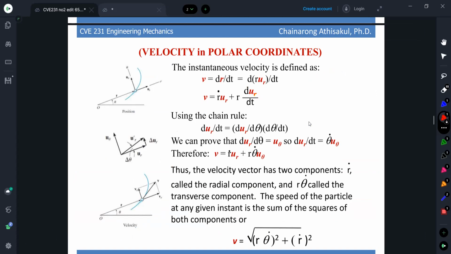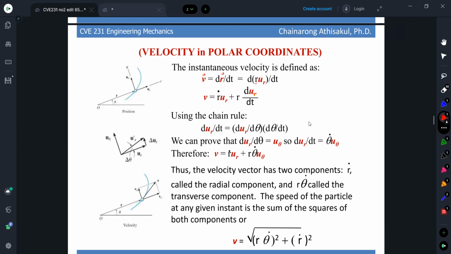For this case, the instantaneous velocity is defined by the vector v equal to dr by dt, where the vector r is represented by r times u_r, with u_r the unit vector in the r direction.